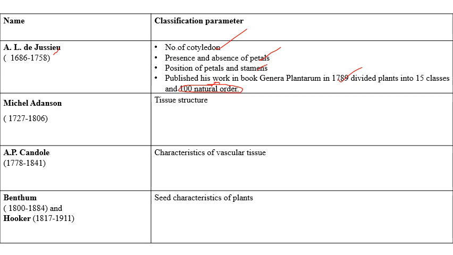Next scientist was Michael Adanson. He used tissue structures as a criterion for classification of plants. Next, A.P.D. Candolle. He observed characteristics of vascular tissues for classifying plants. And Bentham and Hooker, they took seed characteristics of the plants into consideration while classifying the plants.